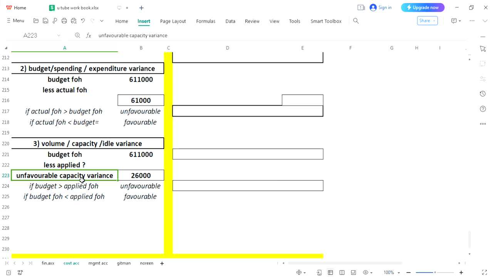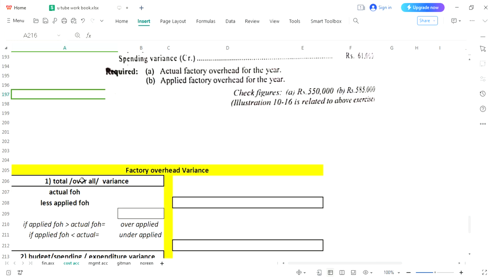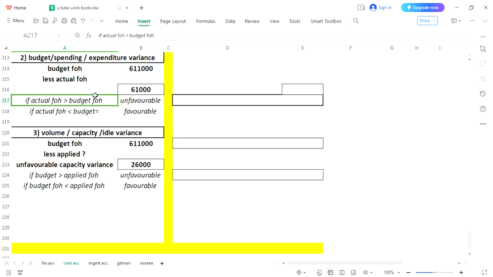Applied FH is not present. Budget is okay, and your answer is okay without having applied FH. In similar meaning, if you have 61,000, that was also explained, it is favorable 61,000. So you will be writing favorable budget variance.